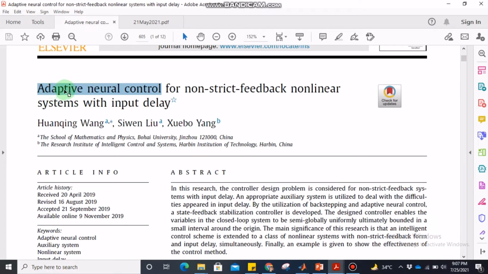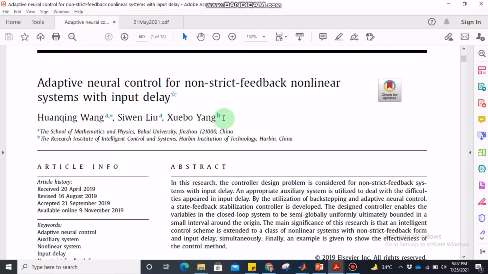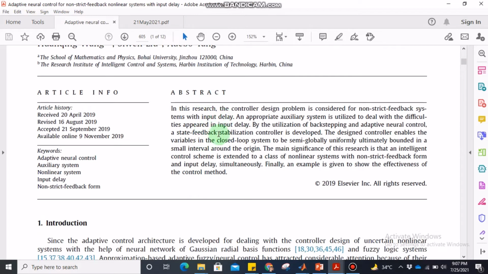So there will be some adaptive parameter in the control law, and then there will be some sort of neural networks in the control as well. There will be some delay in the input of the system. Input is the control of the system, so control will be applied to the dynamics of the system with some delay involved.